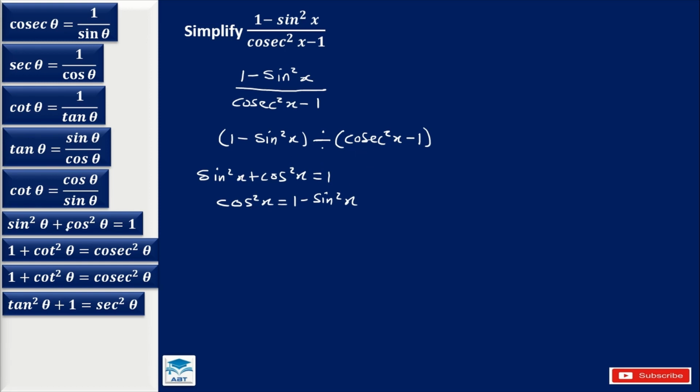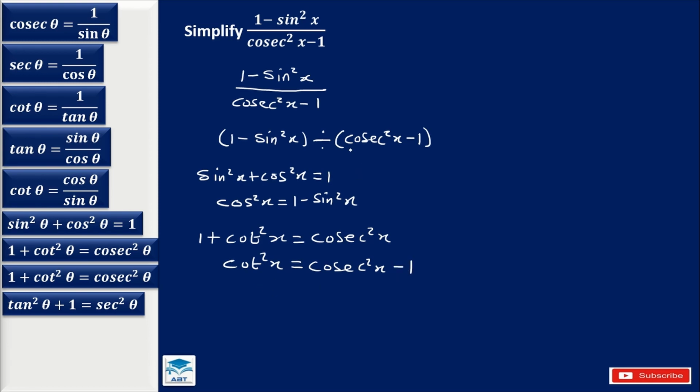And also we know that 1 plus cot square x should give us cosec square x. So cot square x is equal to cosec square x minus 1.